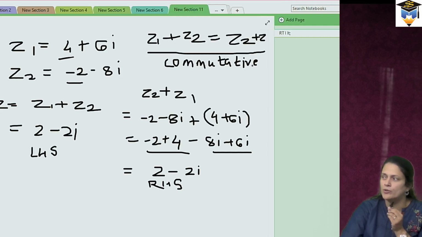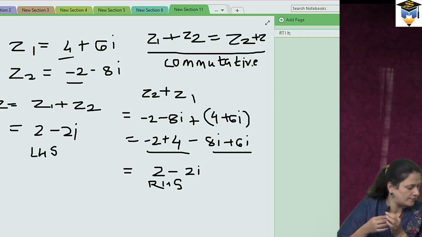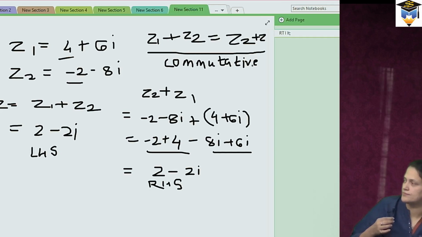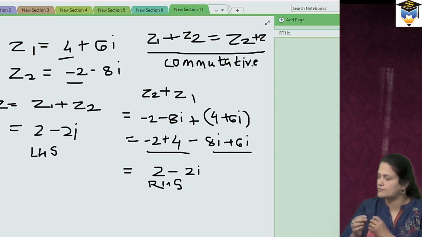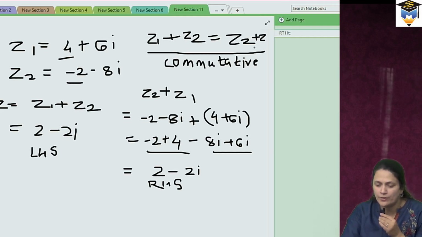So write down commutative property. Okay.